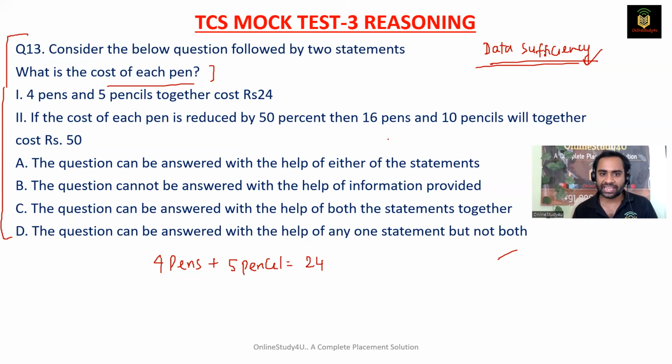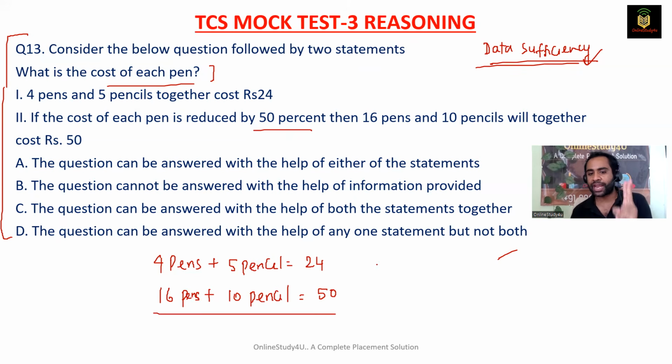If the cost of each pen is reduced by 50%, then 16 pens plus 10 pencils will together cost you 50 rupees. Now you can see here we have 16 pens plus 10 pencils. So you have been given two equations and two unknowns, pen and pencil. With two unknowns and two equations, you will be easily able to solve.